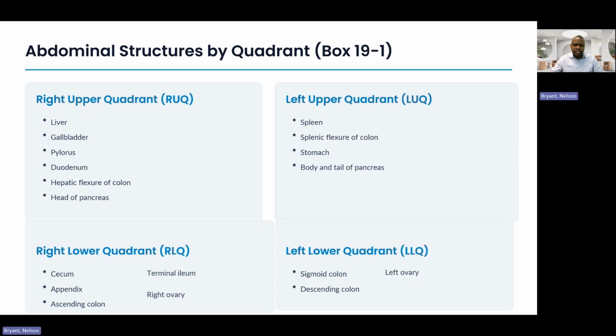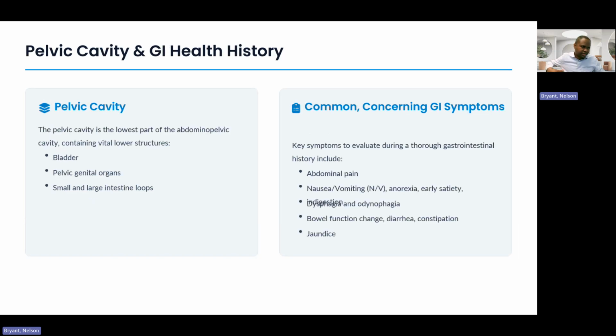And then the right lower quadrant is notable for the appendix, which is most common. So memorizing these quadrants is very fundamental for generating an accurate differential diagnosis based on the location of, for example, the patient's pain. And remember, abdominal pain, as well as back pain, which sometimes go hand in hand, are some of the most common presenting symptoms in primary care.